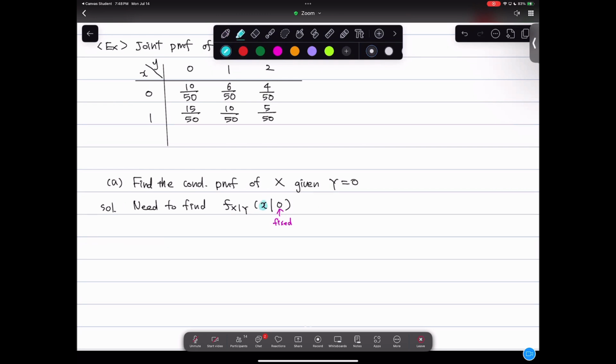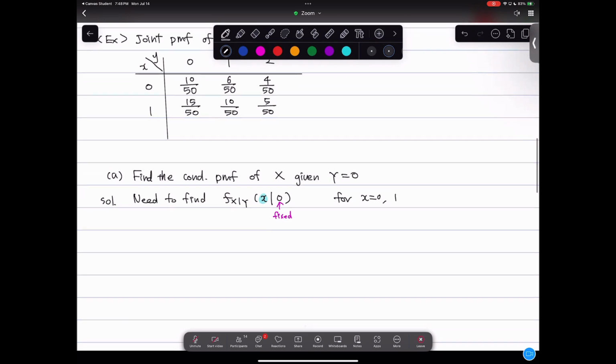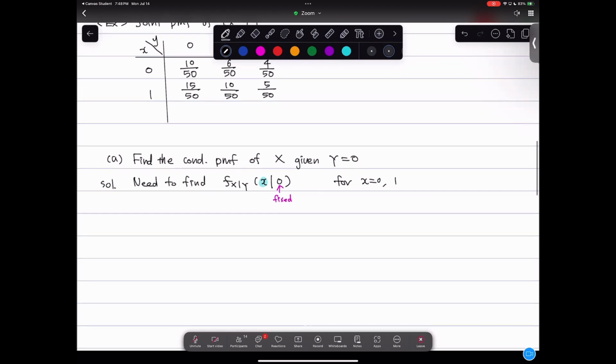So by definition, my conditional x given y equals 0, your denominator must be the marginal fy of 0, and your numerator is f of x, comma, y equals 0.